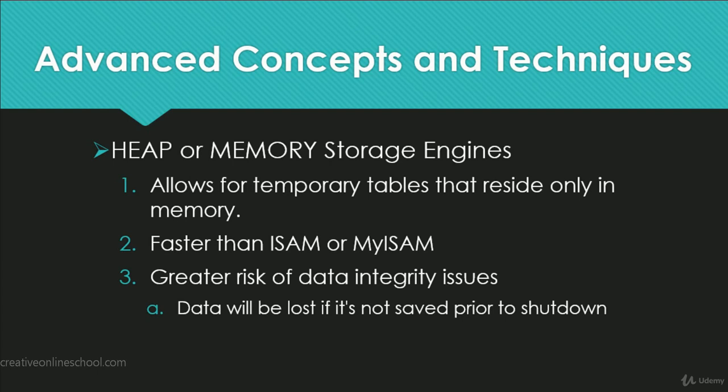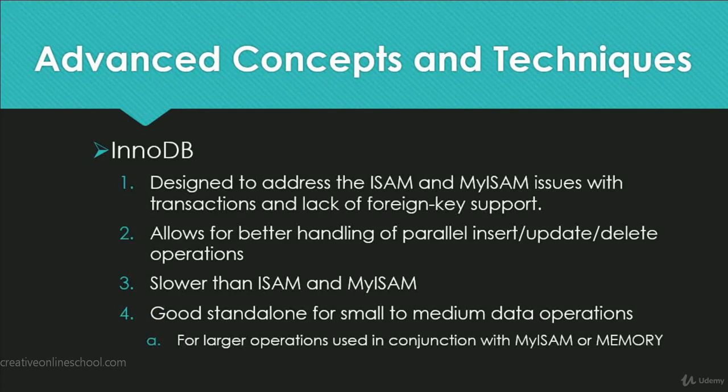The last storage engine I'm going to talk about, and the one you may remember us selecting earlier in our databases, is called MongoDB. It was designed to address the ISAM and MyISAM issues with their transactions and their lack of foreign key support. This allows for better handling of parallel inserts, updates, and deletes, so they're not likely to interfere with each other.